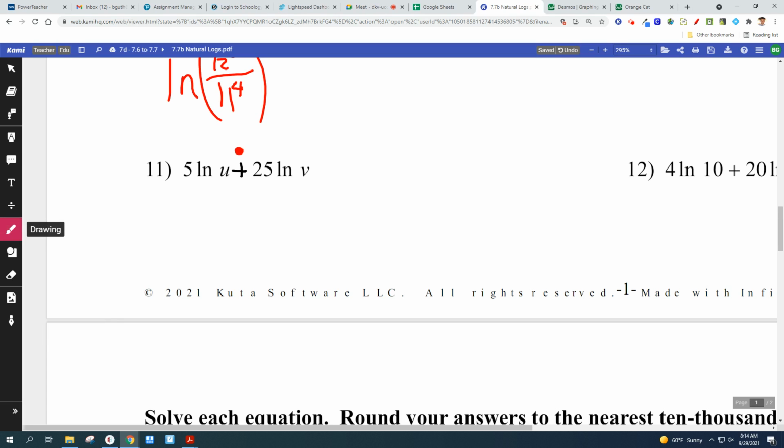Make sure you change that to plus, though. If you don't change to plus, you're going to be super confused. This 5 is going to be an exponent, so I'll see u to the 5th. And this 25 is going to be an exponent, so I'm going to see v to the 25th. But it's times, right? Natural log of u to the 5th times v to the 25th. Of course, if that was still subtraction, then it would have been a divide.